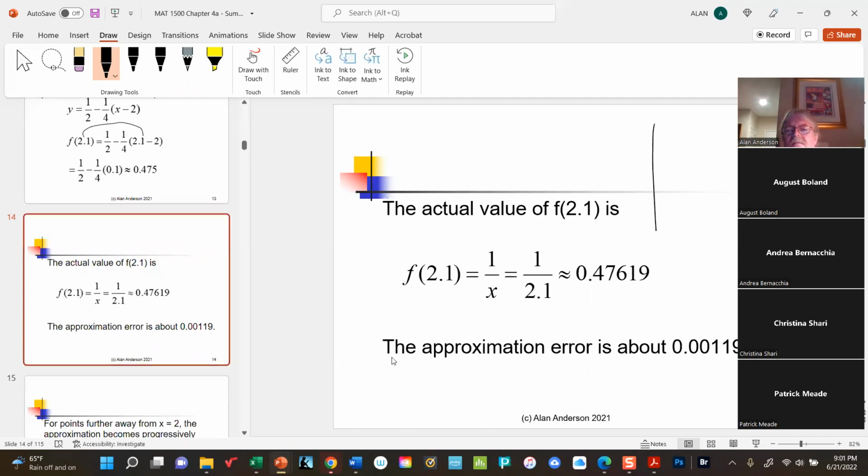Let's see if I can draw it. Let's say this is 2, and this is 2.1. It's really hard to draw with so little space here. You can see there is a small gap between the actual value, which is this.